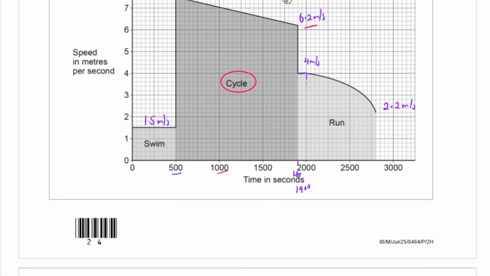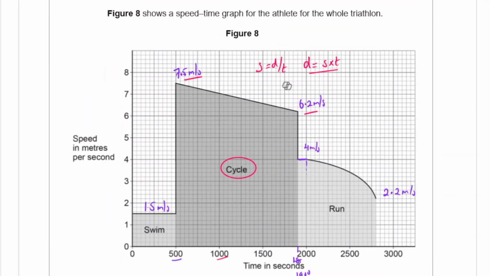So how long did it actually take? We need the time as well. So we are starting at 500 seconds and that's 1900 seconds. So from there to there, 1900 minus 500 is equal to 1400 seconds.